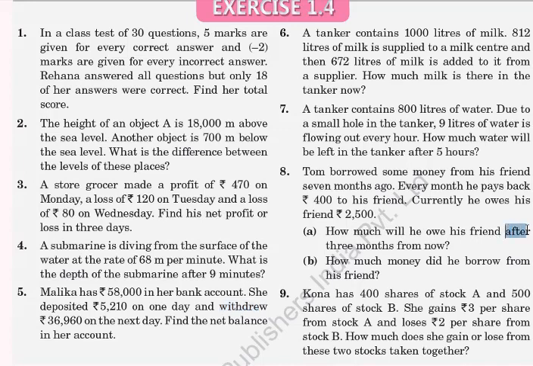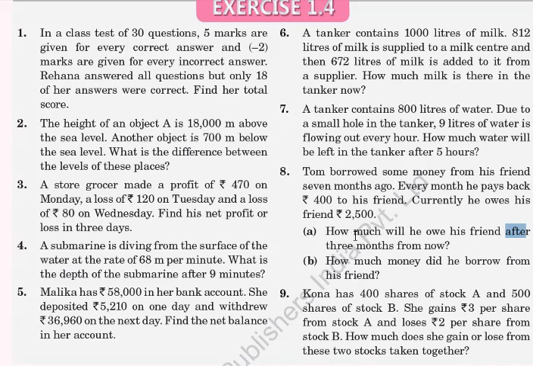After means some money he must have definitely paid, and that amount will be how much? 400 into 3, which comes out to be 1200, and that is to be subtracted. So 2500 minus 1200. The result comes out to be 1300.